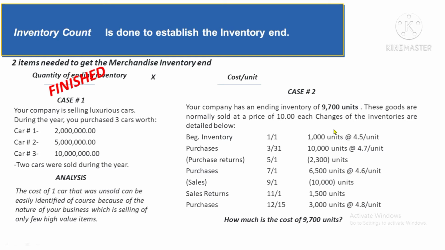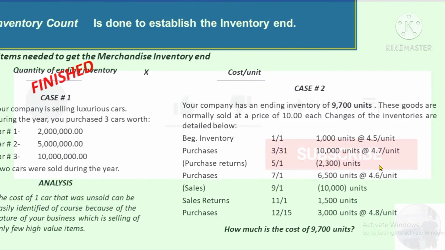What I mean is, of these 9,700 units, which of these cost 4.5? How many of these items cost 4.7 or 4.8 or 4.6? So again, specific identification is impossible for this case. If not impossible, then it would be time consuming. And so instead of specific identification, there are a lot of methods that can be used to get the cost per unit, and that would be up next.